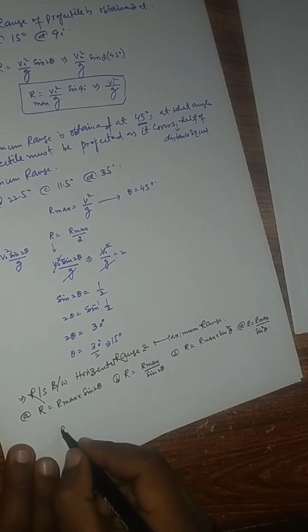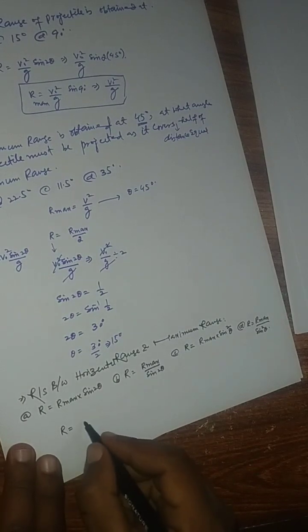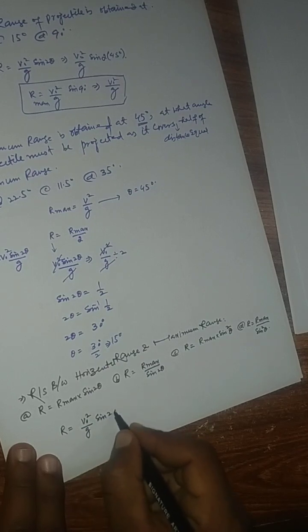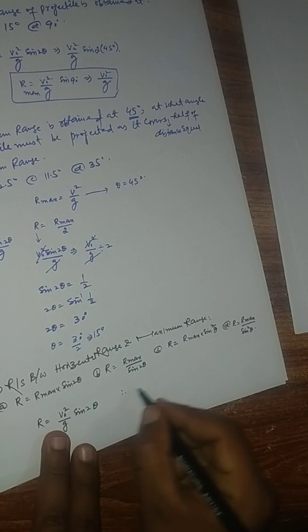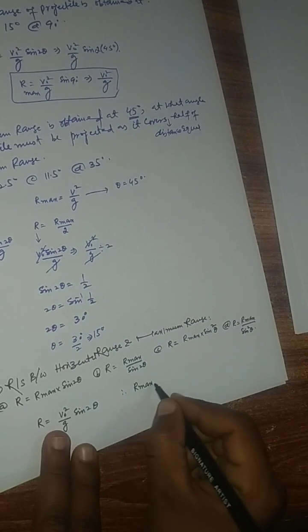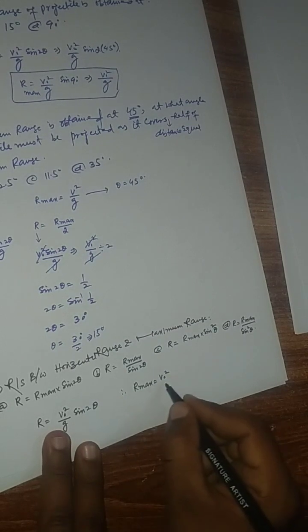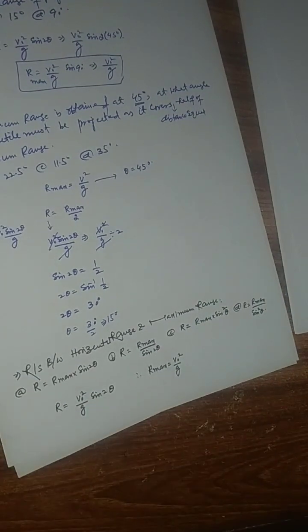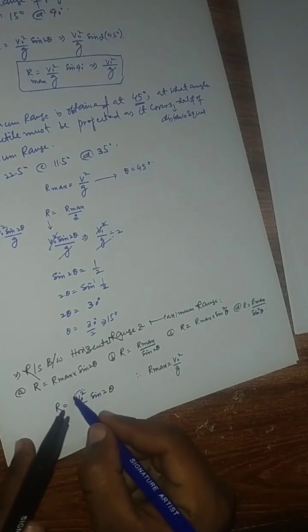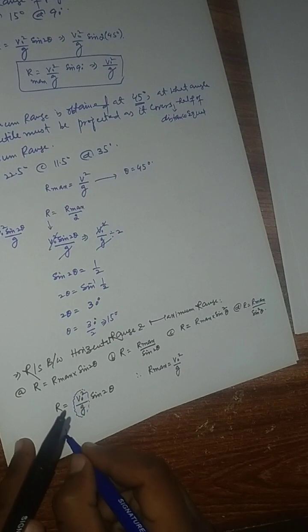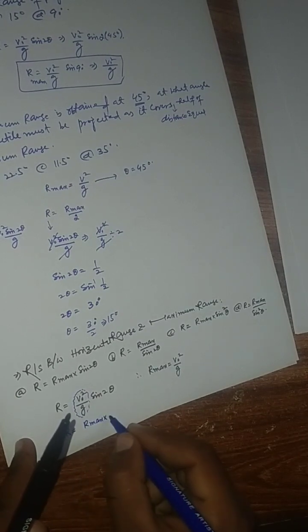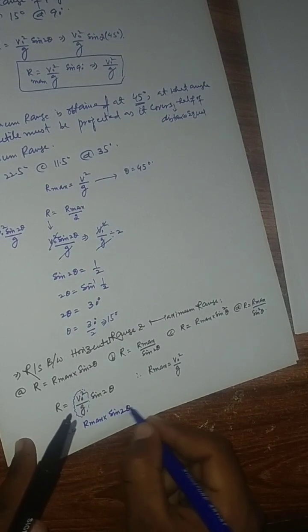Let us see. Horizontal range R is equal to v naught square over g sine 2 theta, and we know R maximum is equal to v naught square over g. So if we use R maximum in place of v naught square over g, this will be R is equal to R maximum into sine 2 theta.